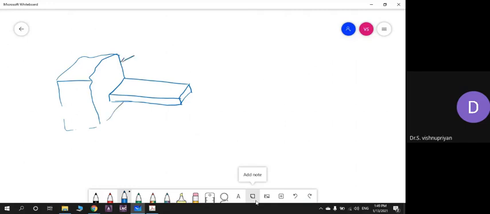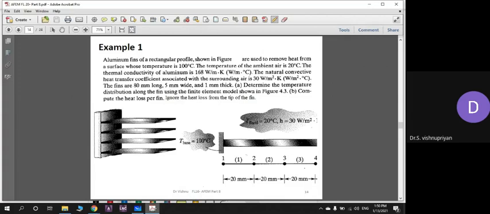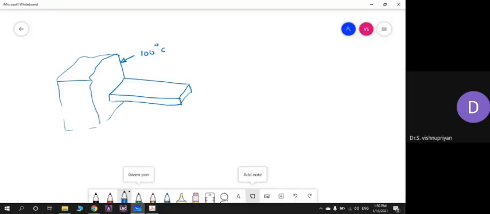This is the surface at 100 degrees, and this is the fin which we are considering now. So the problem says the fins are not 80, it is 60 mm long, 5 millimeter wide and 1 millimeter thick. So this length is 60 millimeters, 5 millimeter wide, this is 5 millimeter, and this thickness is 1 millimeter.